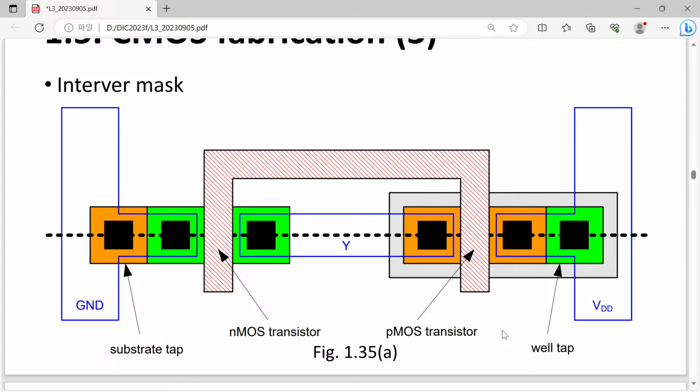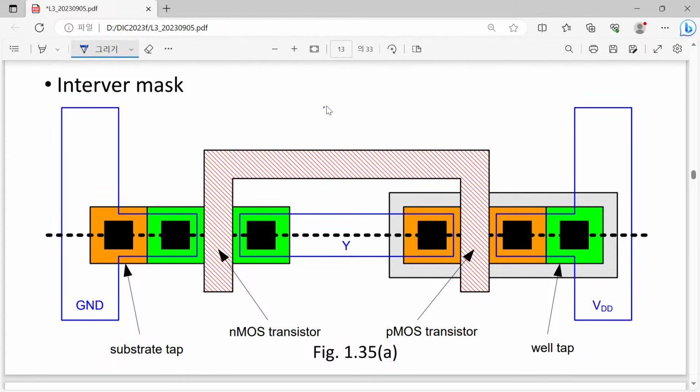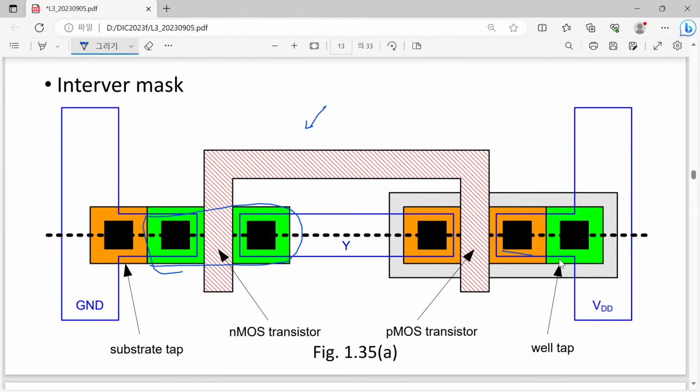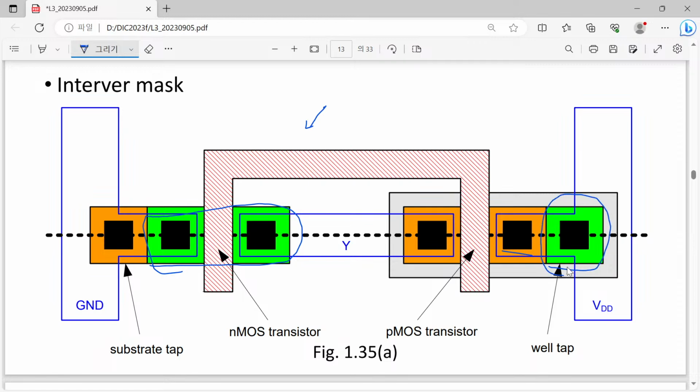This one just shows a set of masks to make our CMOS inverter shown above. This is not a single mask. There are many different masks. For example, you can see a certain rectangle and another rectangle in green color, and that is called the N diffusion mask.